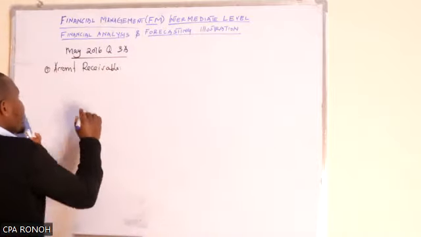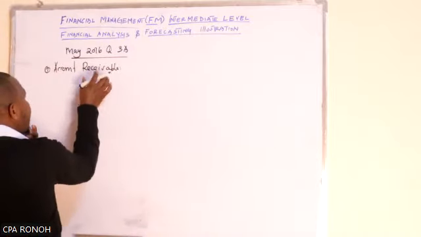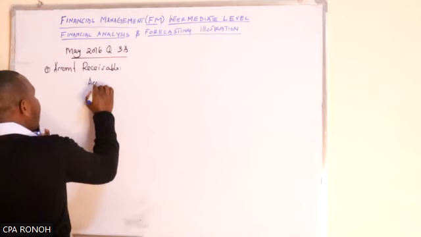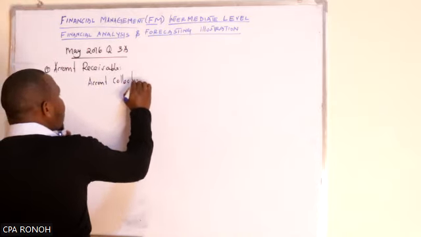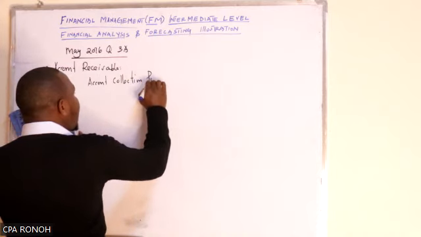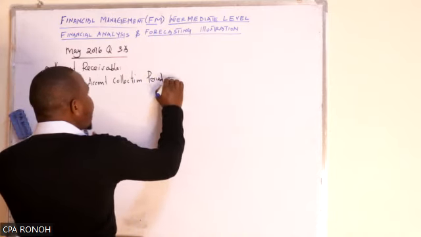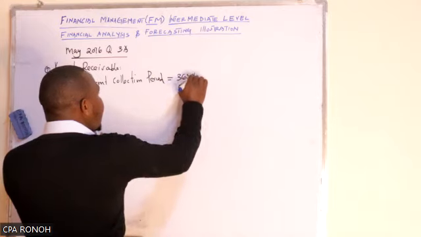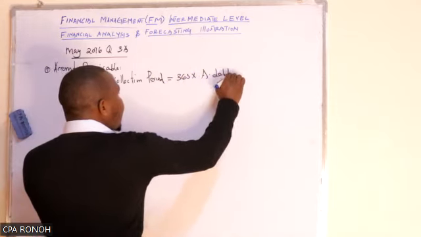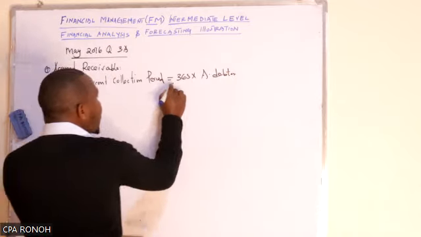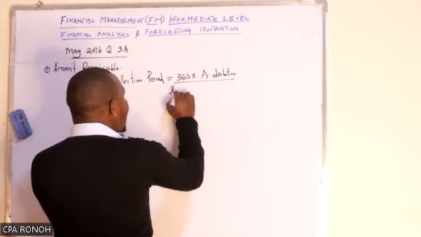So the formula which will help us to get this account receivable is the account receivable collection period, which we get by taking 365 times the average debtors, which is this receivable, and dividing by annual credit sales.